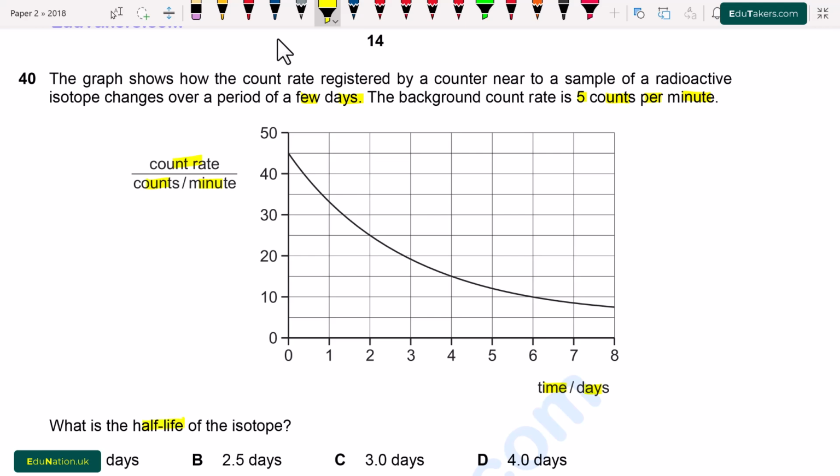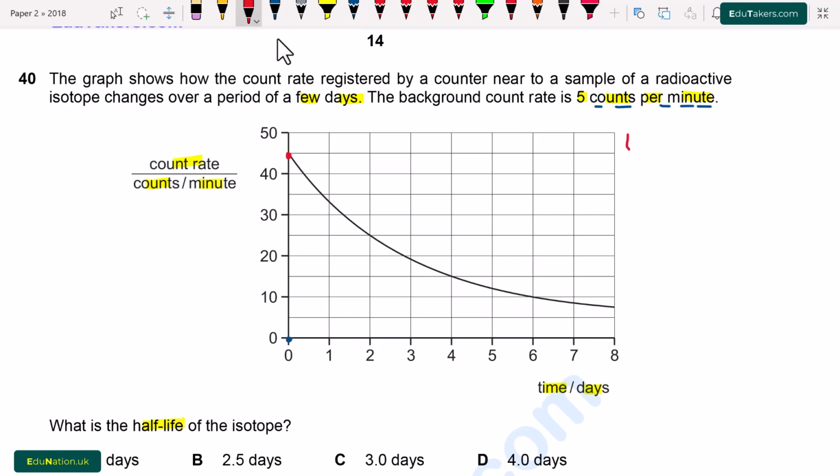Here we have to find the half-life of the isotope. So first of all, it is given that the background count rate is 5 counts per minute. I consider different points on the graph and write readings.